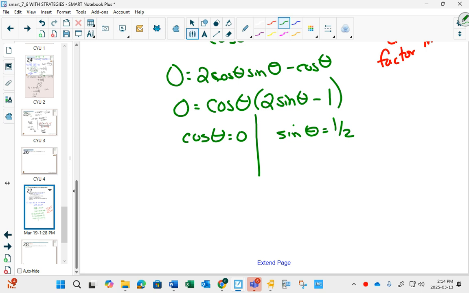Both of these are on your pie plate. Cos is equal to 0 at pi over 2 and 3 pi over 2, and sine is equal to a half in quadrant 1 and quadrant 2. Reread your question, and since I wrote this one, it's nicely between 0 and 2 pi, so you don't have to change your answer.